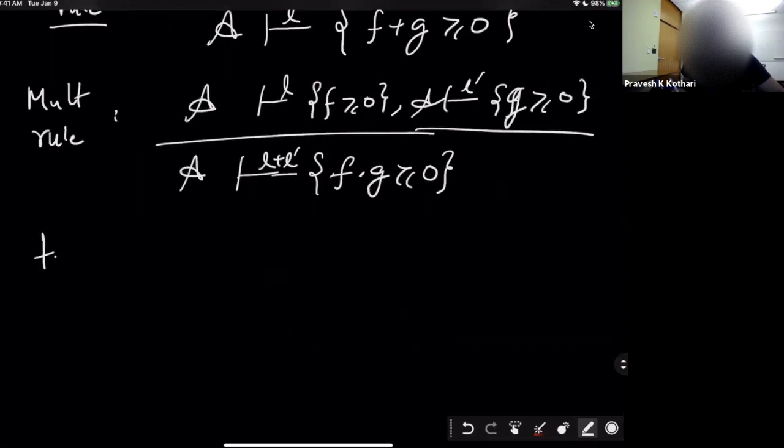Let's write the transitivity rule. It says the following.